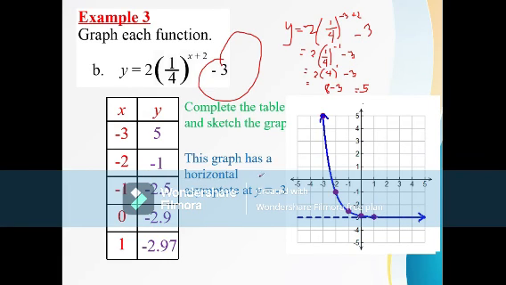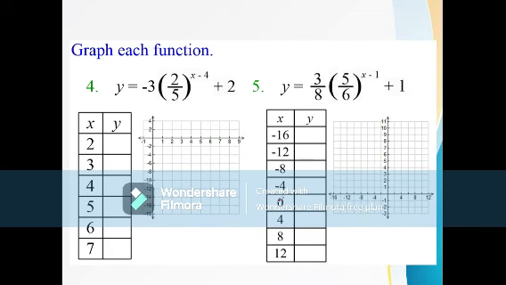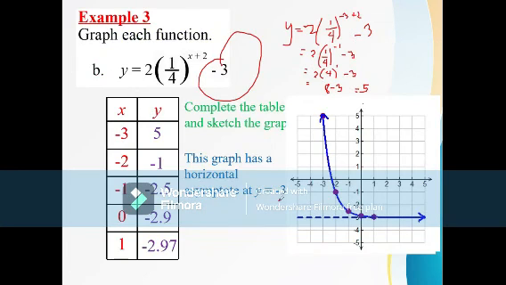So this graph has a horizontal asymptote at y is equal to negative 3. Okay, so I hope that you are able to understand how to graph an exponential function and how to get the horizontal asymptote based on the given function.